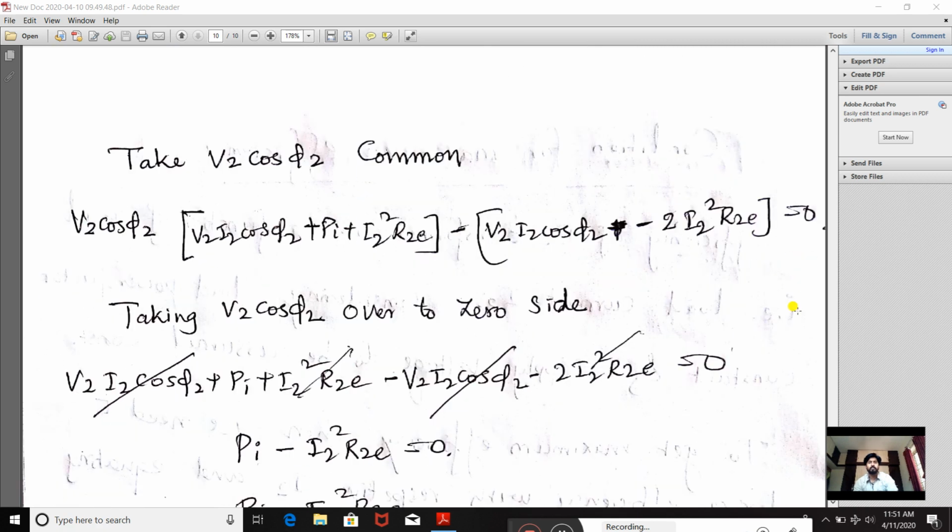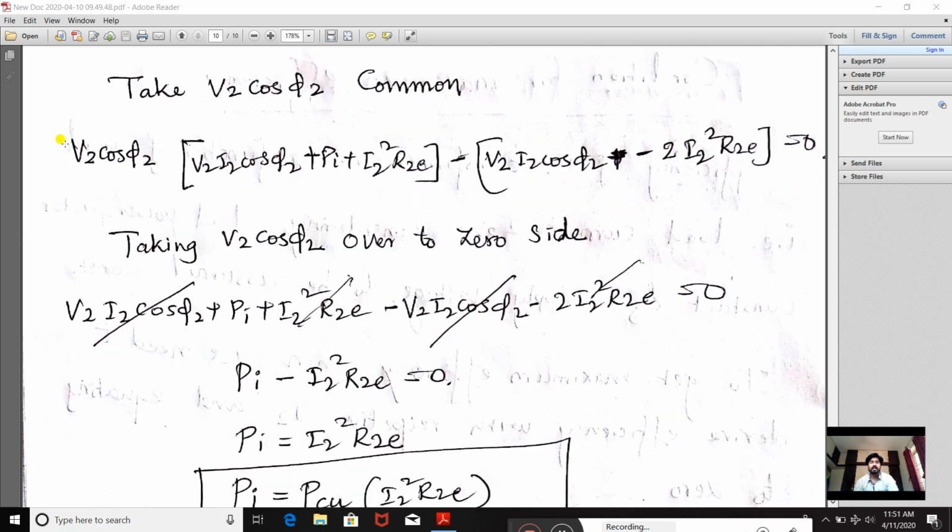Now taking this V2 cos phi 2 over to the 0 side, the expression becomes V2 I2 cos phi 2 Pi plus I2 square R2E minus V2 I2 cos phi 2 and minus 2 I2 square R2E is equal to 0.